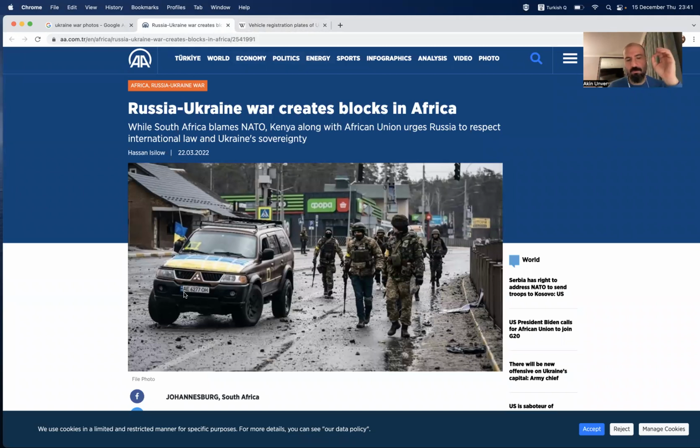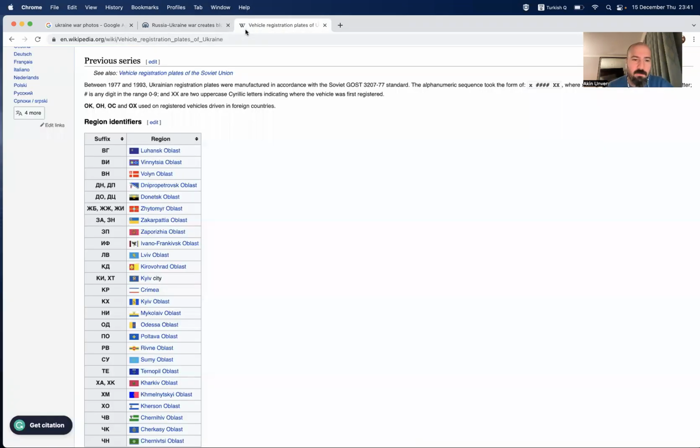In Turkey, it's the first two numbers. So 34 is Istanbul, 06 is Ankara, 01 is Adana. The way it plays out in Ukraine is that the first two letters give you the city in Ukraine in which that license is registered.